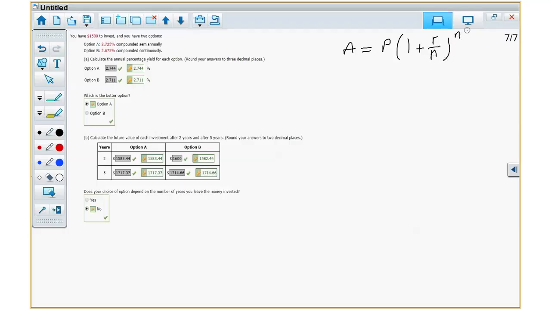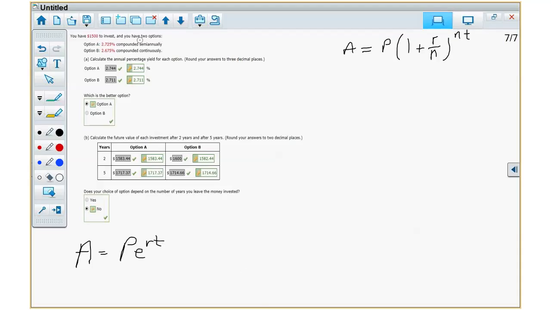I'm going from memory, so y'all check me, make sure that's right. That's your compounded interest. And the difference in it and the continuous, y'all have to help me, I think it's P e to the r times t, right? So A is equal to P e to the rt.